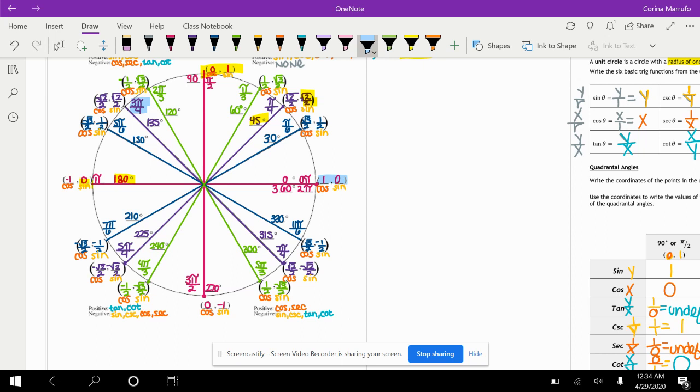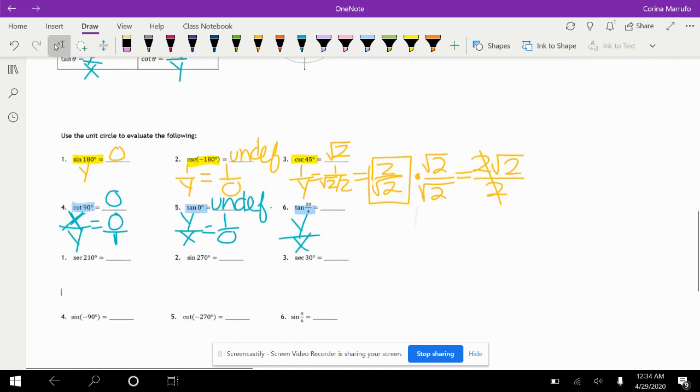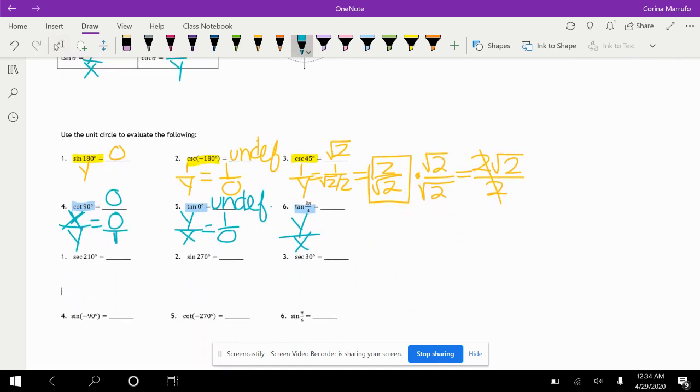My cosine and my sine, my x value and my y value: my x value is the negative square root of 2 over 2, and my y value is the square root of 2 over 2. So on here, my y value is the square root of 2 over 2, and my x value is the square root of 2 over 2.